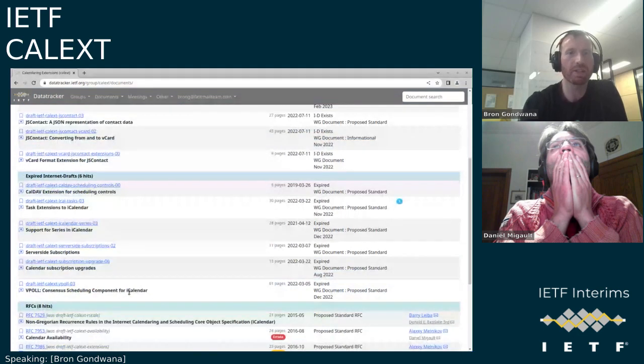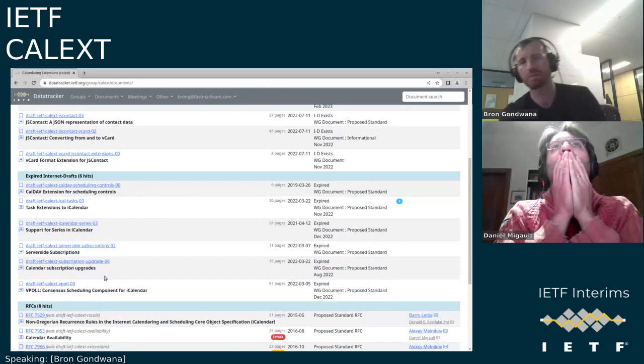We also have quite a lot of expired drafts here. Scheduling controls we're going to let die. That was my thing, and it turns out there's nothing really worth standardizing there. But we have tasks, series, subscriptions, upgrade, and vPol. I'm sure at least one of these I was supposed to have finished a working group last call and submitted, and that hasn't happened, and now they're expired.